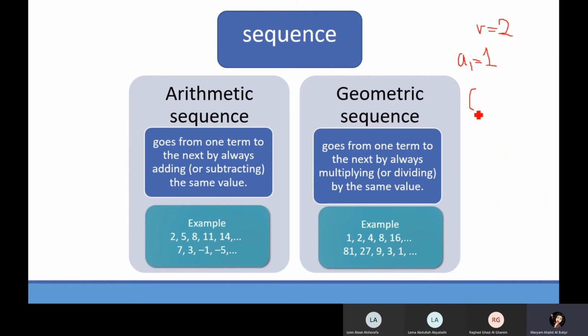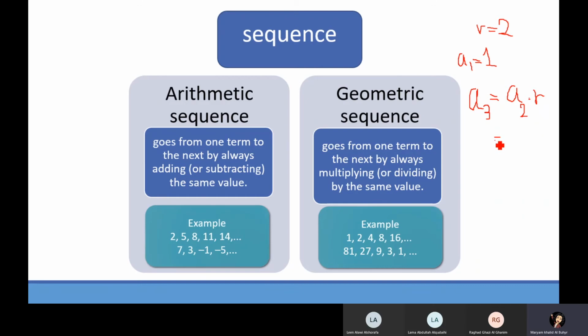Then if I'm asking you to find, for example, term number 3, we can use the previous term, a n minus 1, which means A2, which is the previous term, times R, which is the common ratio.